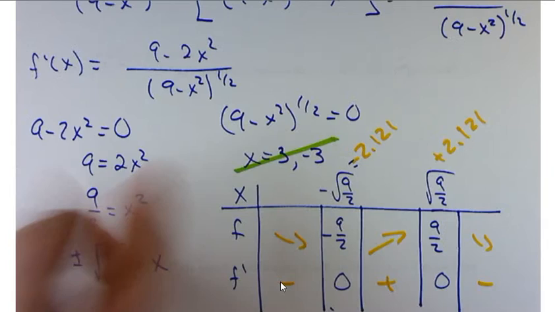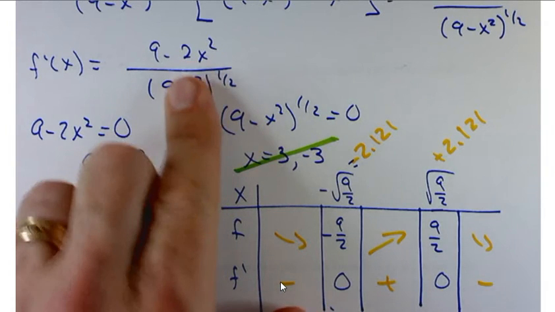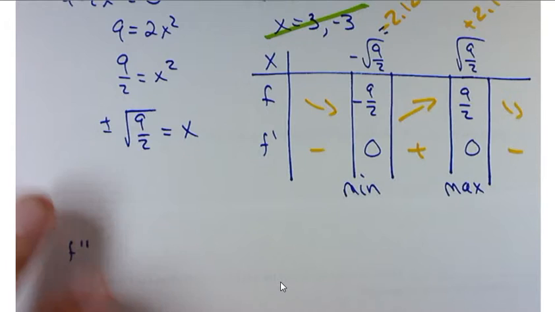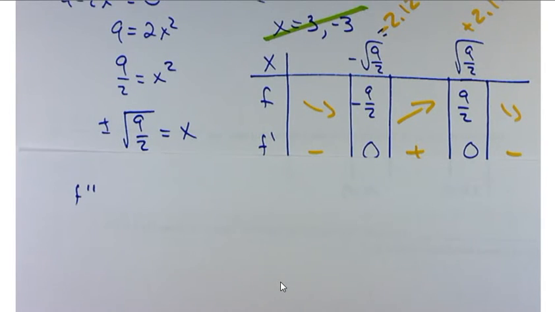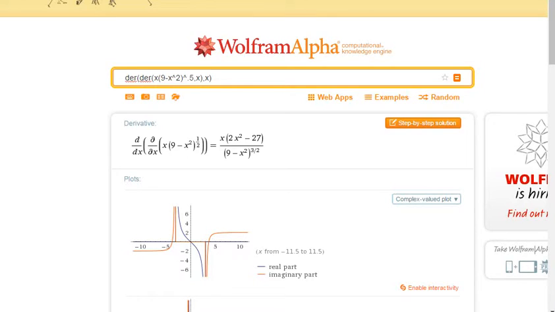I just didn't have enough time to put that into our handout. So f double prime of x is x times 2x squared minus 27 over 9 minus x squared to the 3/2. So you can see that along the way in calculating the second derivative, you've got some cancellation there.